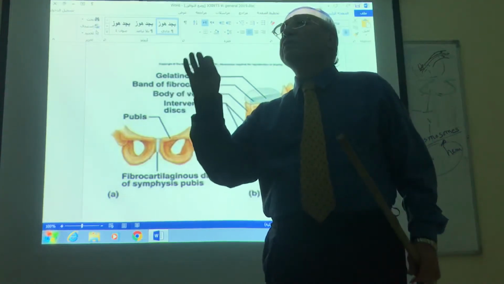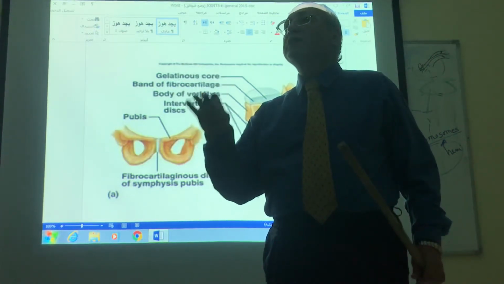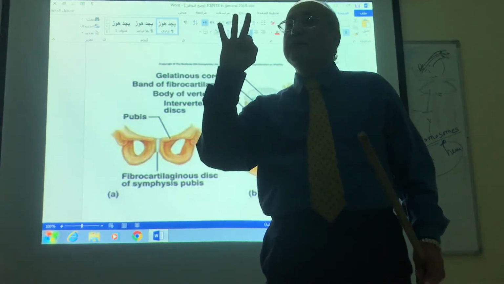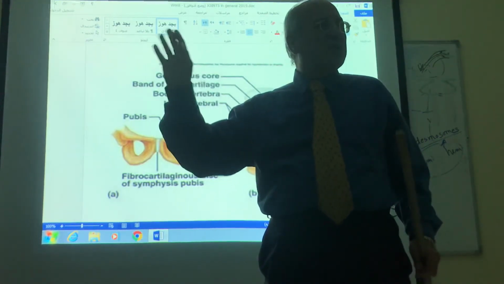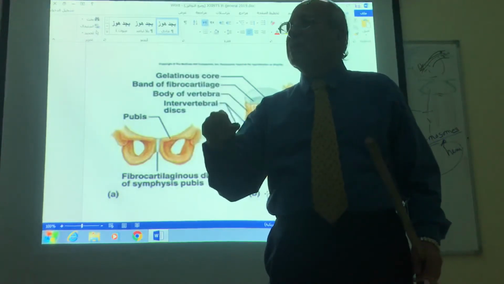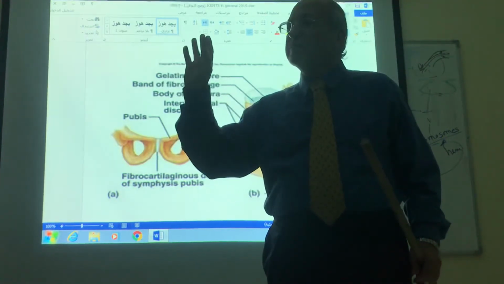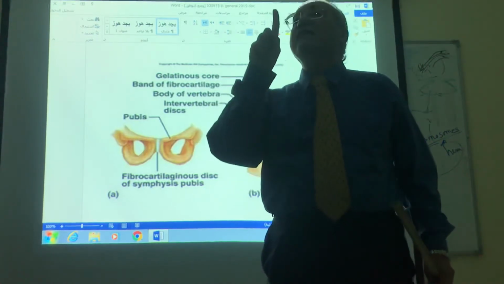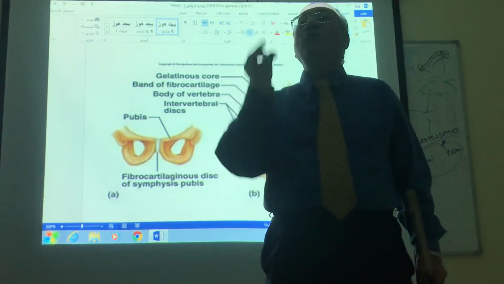The most important joint is the third type. After fibrous, a false joint. After cartilaginous, a nearly false joint. The synovial joint, which is the third type, is the most important.